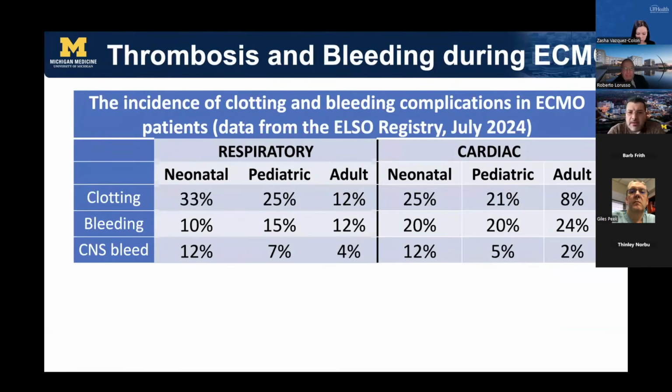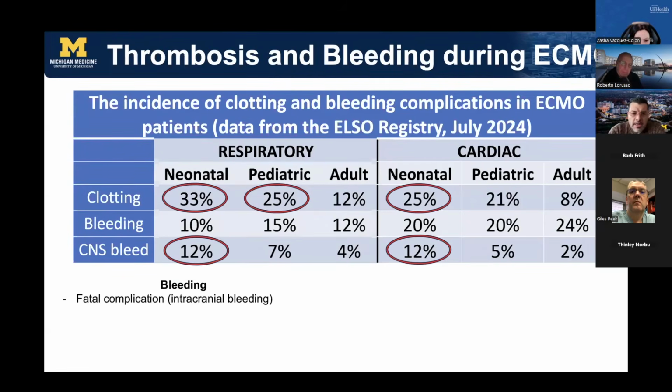So I think it's important that we review why we're here. Thrombosis and bleeding during ECMO is a major complication. This data comes from the ELSO registry, assessed July 2024. Clotting, as you can see, both in adults, respiratory and cardiac, is an issue. We have about 25 to 33% of clotting complications.